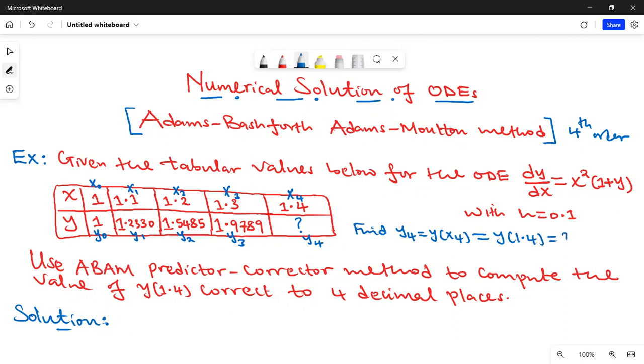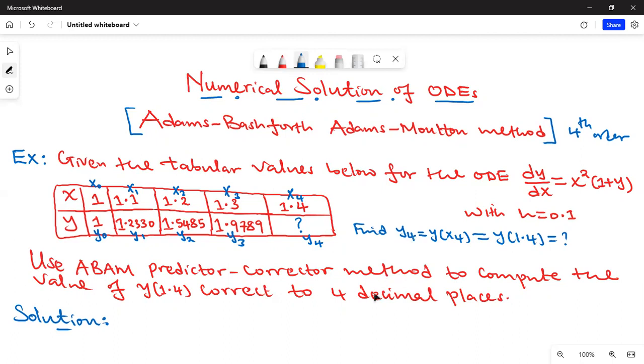We don't know this. So once you know the first four starting values, then use the Adams-Bashforth predictor formula to predict the value of y4. Once you have obtained the predicted value, then you use the Adams-Moulton corrector formula to correct the value of y4, which you had predicted initially.